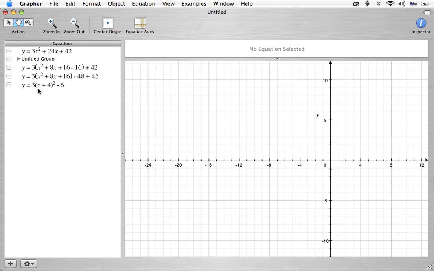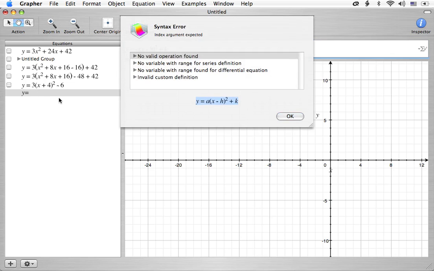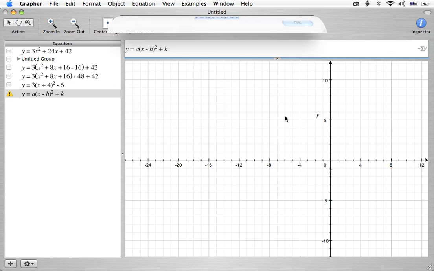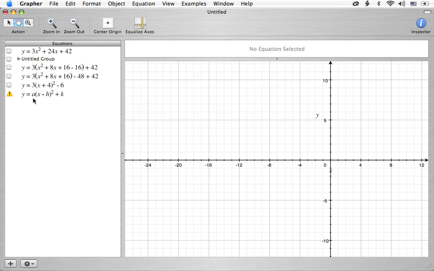So let me also put in here, for the sake of just viewing it, our vertex general form, which is y equals a times the quantity x minus h squared plus k. It's going to yell at me because it doesn't know what to do with a, h, and k again, but we don't care. We're just using this to highlight the different things.